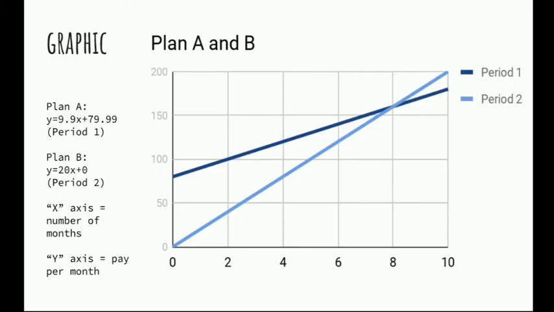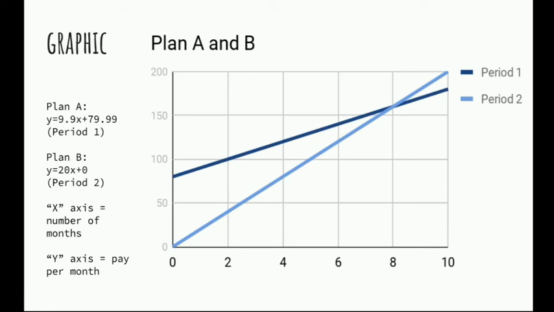Finally, question B will be answered by focusing on the graph already shown. The months in the graph are represented by the x-axis, and the payment is represented by the y-axis. According to that graph, the lines cross at the point with coordinates (8, 160). Just at that point, the plans are equalized.